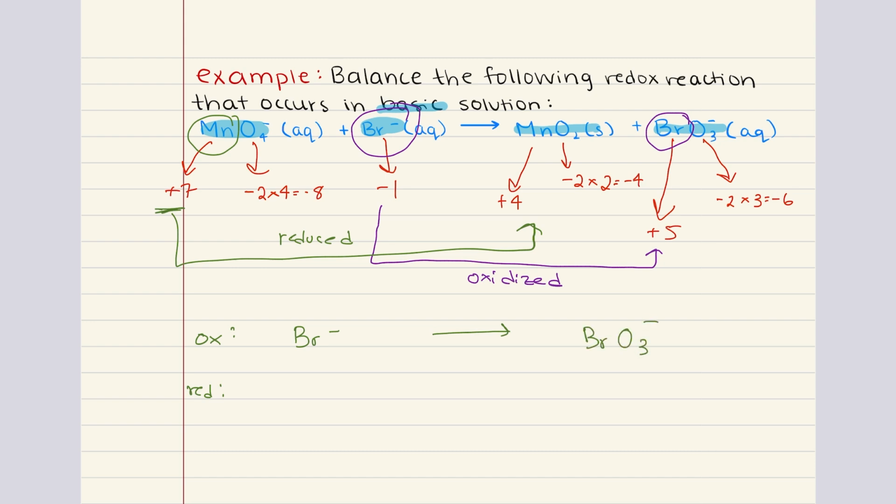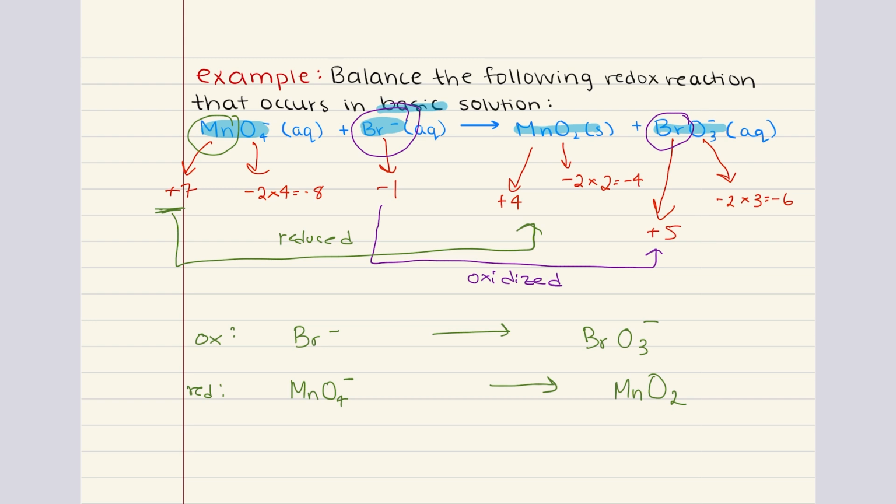For our reduction half reaction, we are going to have our permanganate ion on the reactant side, and then manganese 4 oxide on the product side. With that, we can move into step 3.